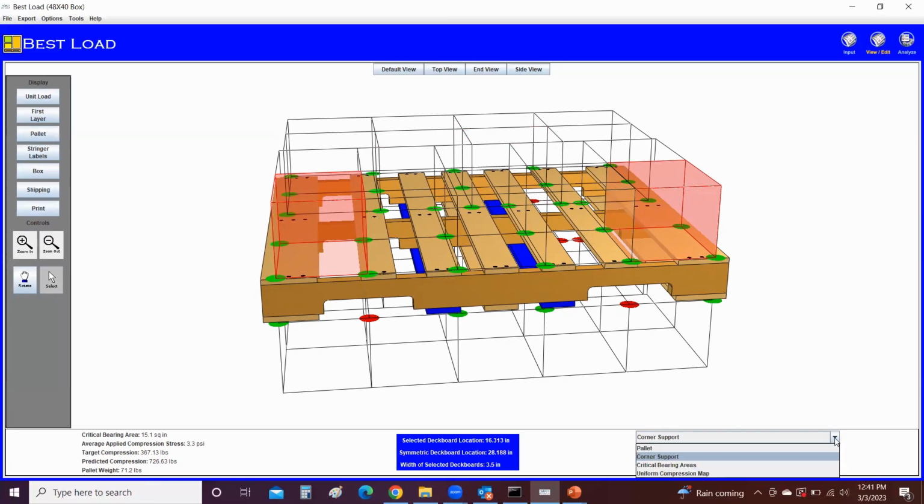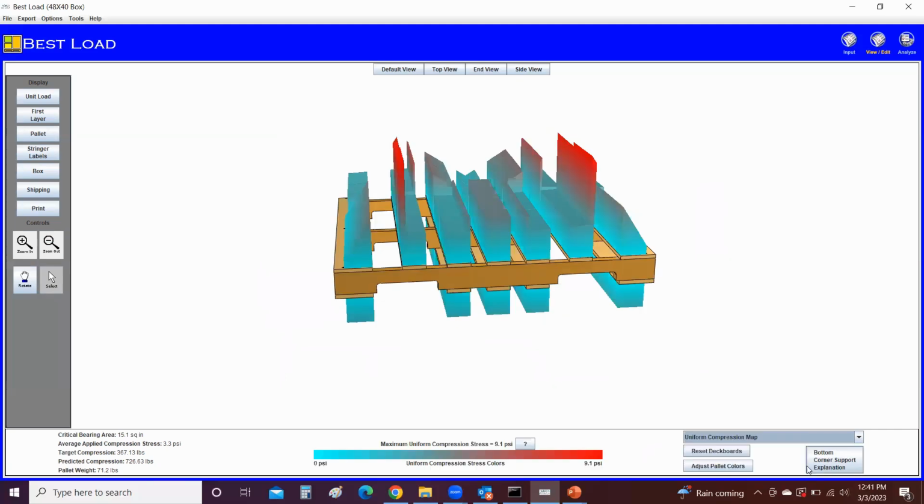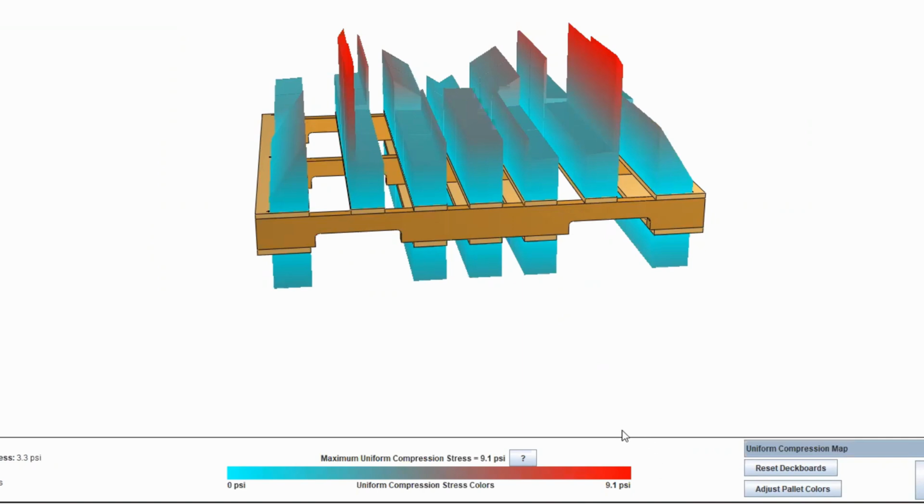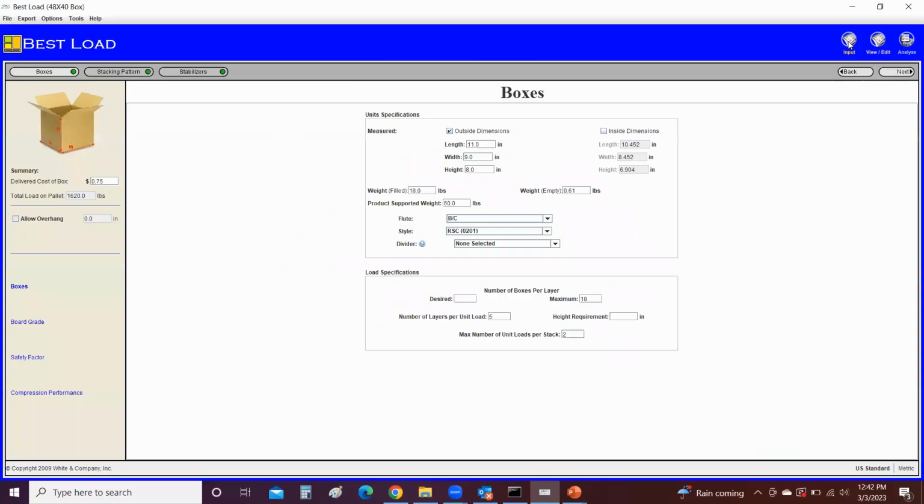With the pallet design still in consideration, we want to also evaluate how we can increase the deck stiffness while not increasing the cost of the pallet. By increasing the stiffness of the deck, we can reduce the maximum uniform compression stress of 9.1 psi.